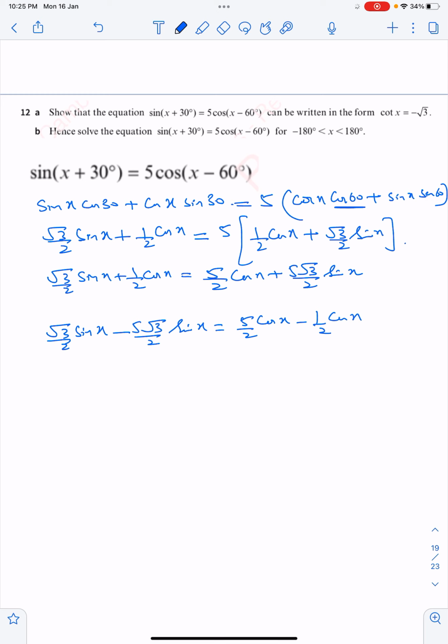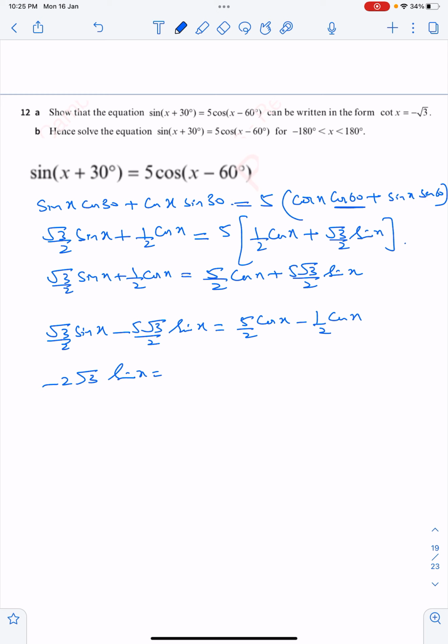Okay, if I solve this, root 3 upon 2 minus 5 root 3 upon 2 is giving me minus 2 root 3 upon 2 sine of x equals 5 upon 2 minus half.